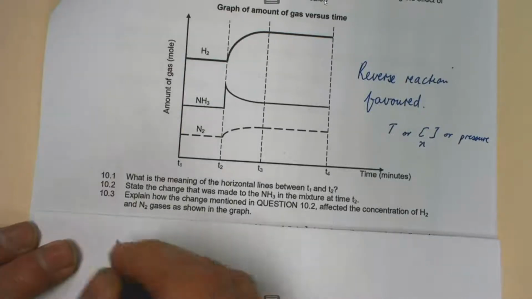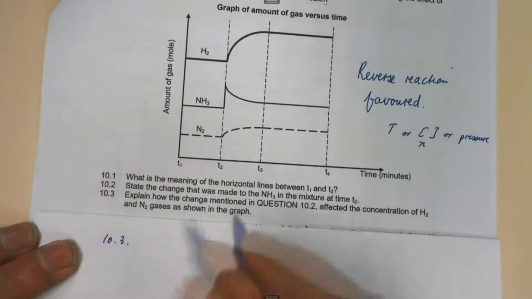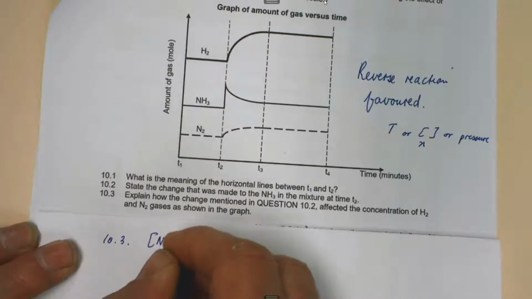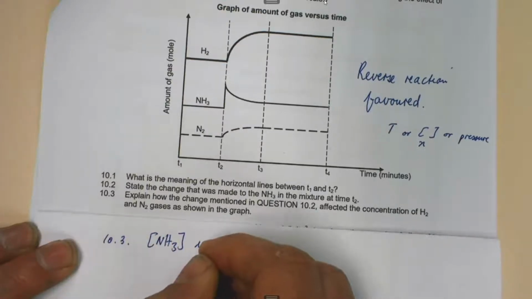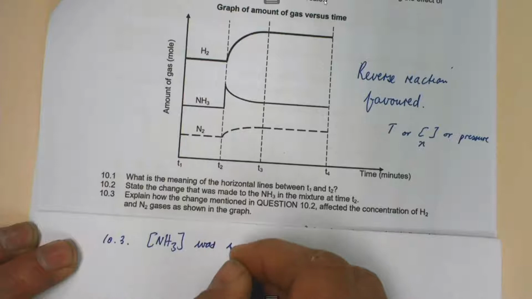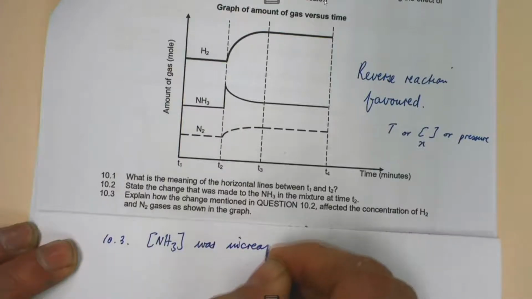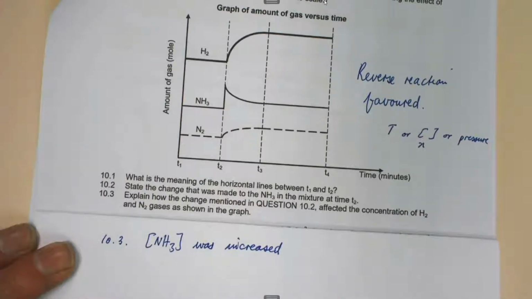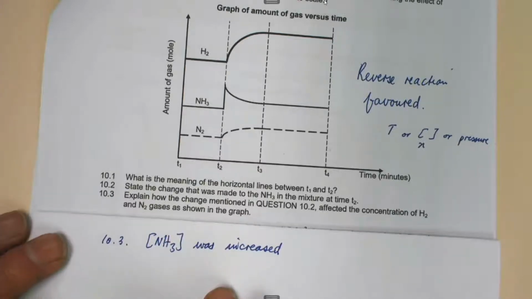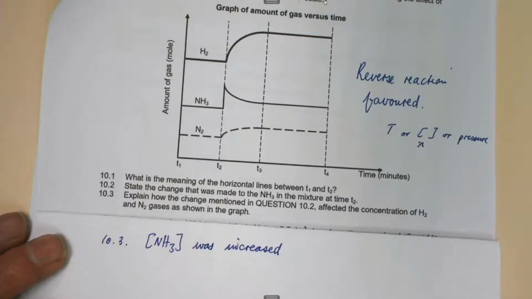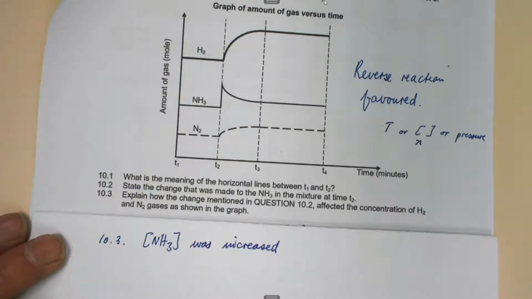So for 10.3, I would say the concentration of the NH3 was increased. Okay, so that concentration was increased. Right, so what will happen now? According to Le Chatelier, the system will react to decrease the concentration of the NH3. How will that happen?